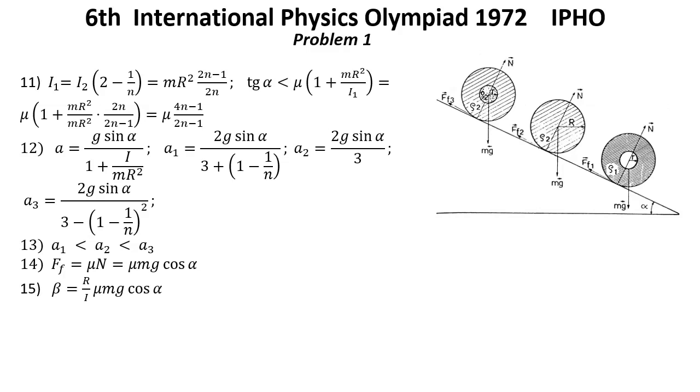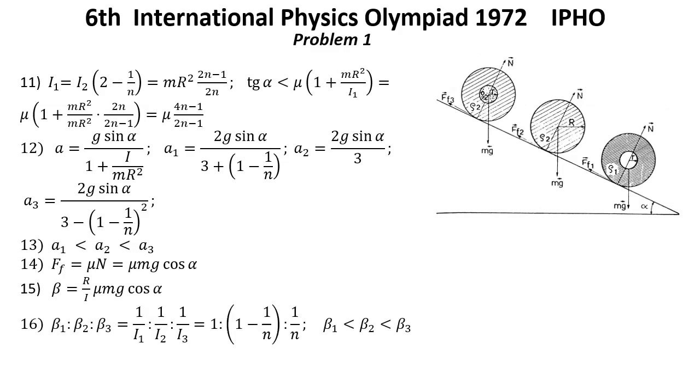For the cylinders of the problem, the angular accelerations are inversely proportional to the moment of inertia. So it means that beta 1 is less than beta 2, which is less than beta 3.